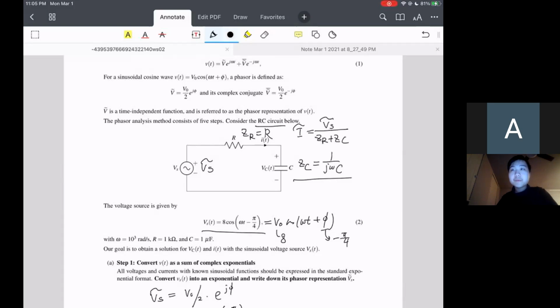Okay? This has to stay within phasor domain. To convert it back into the regular form, we use the fact that I is equal to I tilde e to the j omega t plus the conjugate of I tilde times e to the negative j omega t.